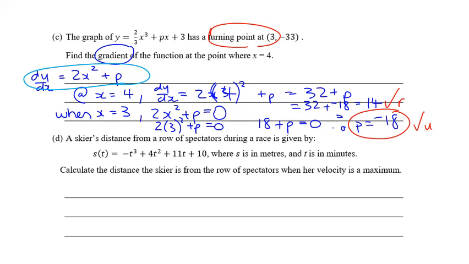Question D here, a skier's distance from a row of spectators is given by that. Calculate the distance the skier is when the velocity is at a maximum. Okay, so what's the key word with this particular question? Maximum. So we're trying to maximize something. What are we going to do? Differentiate and make it 0. But what are we trying to maximize?